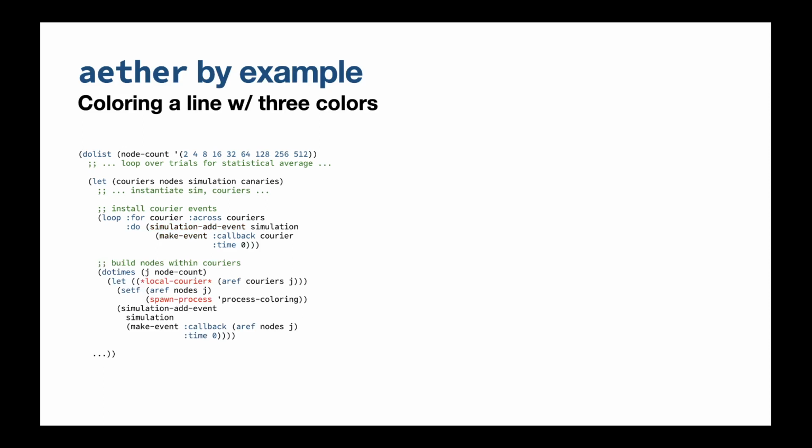The next thing that we do is we associate to each of these network interfaces, that are again all in a line, one of these coloring actors. So we do this by first specializing to the jth network interface. We bind this dynamic variable local courier that says that this is the network interface against which we're operating. And then we spawn one of the coloring processes which automatically gets associated with that local courier, and we poke it into the simulation.